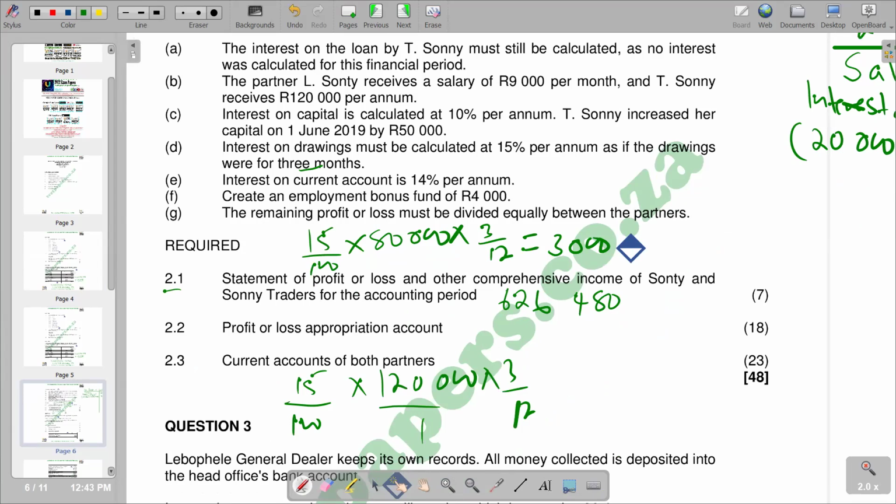Calculate it. Let's try to see what we get. So you're going to get your 4,500. So in the appropriation now, we are getting 3,000 plus 4,500. So we go there.